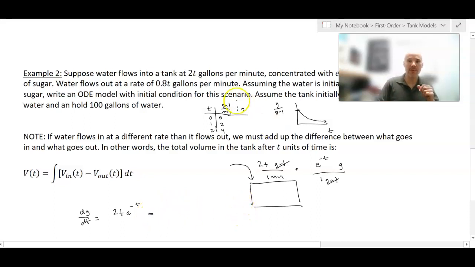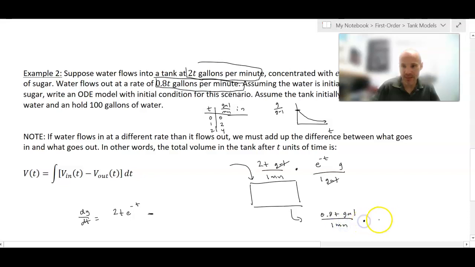Now, here's where we have to be careful, because our volume in is 2t gallons per minute, and our output is 0.8t gallons per minute. So I still have coming out a unit of gallons per 1 minute.